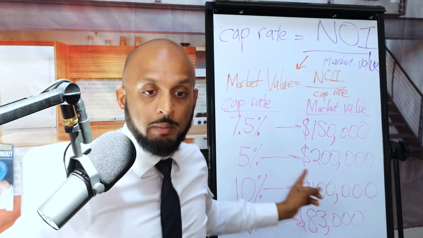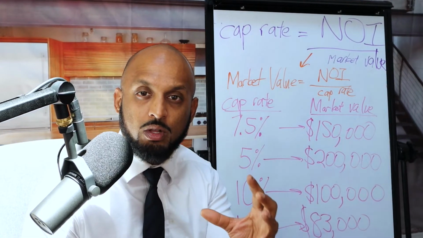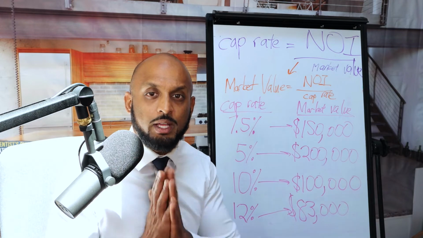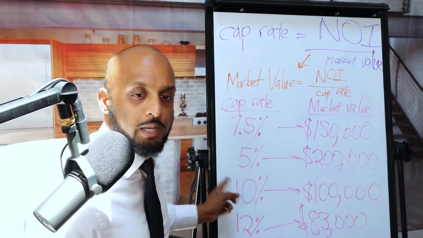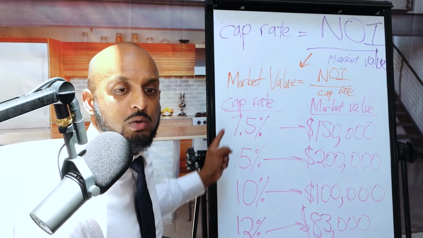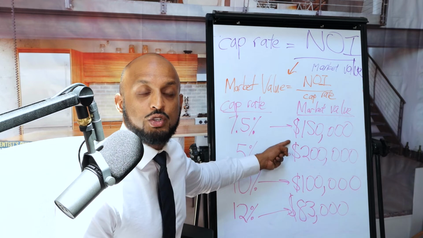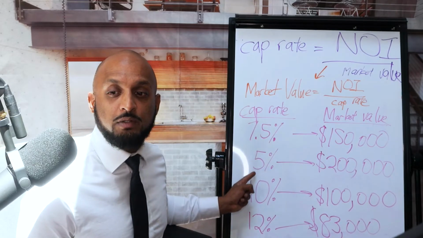Let's say the net operating income from this investment property is $10,000. That's fixed. We've maximized the income this property can generate, and it's $10,000. Just by changing the capitalization rate, at 10% it is worth $100,000. What happens if the cap rate goes down? A cap rate of 7.5% means the property is worth $150,000. Still the same property. Say the cap rate drops even further to 5%.